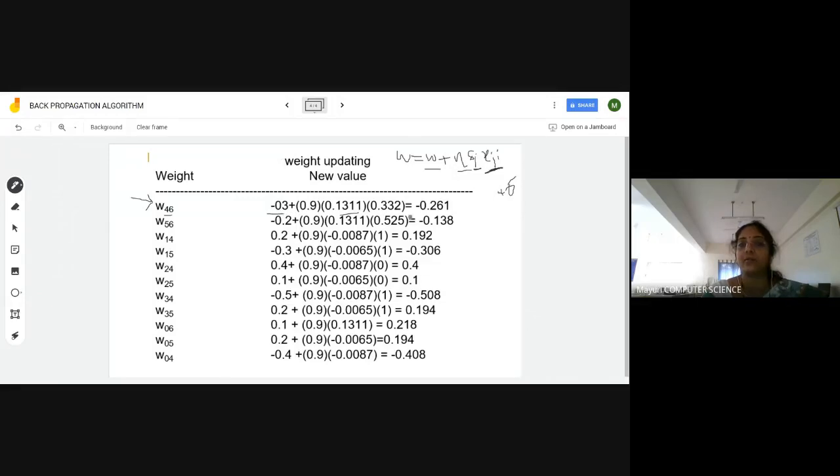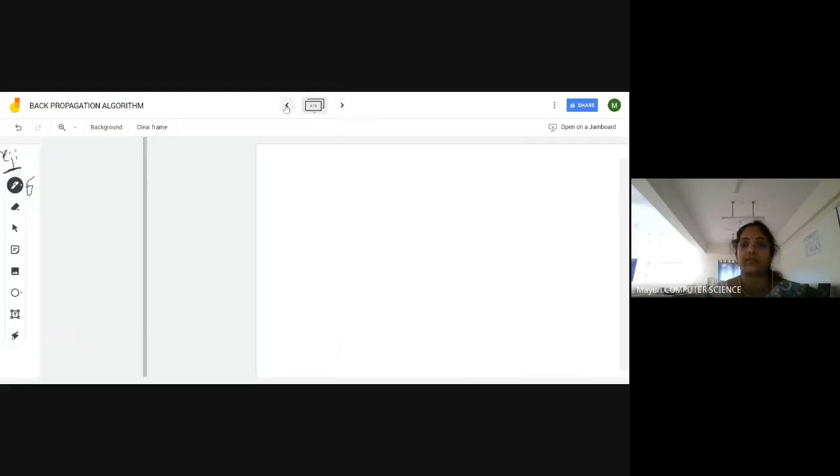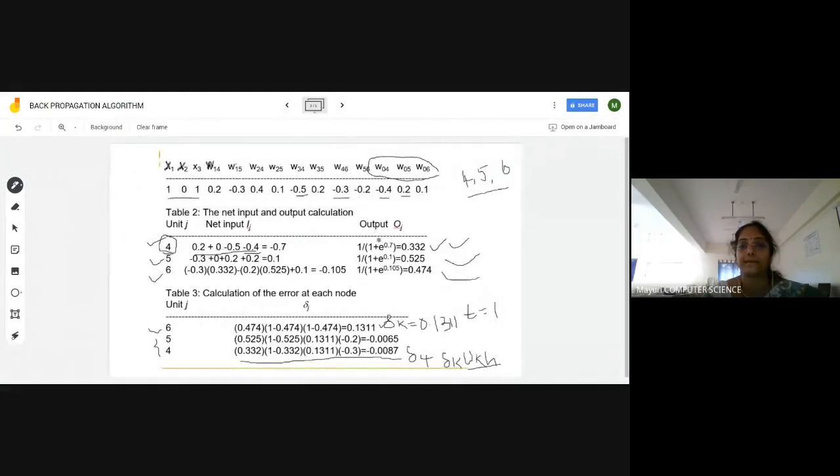Now the weight has increased, sorry, to minus 0.2. Since it's negative, minus 0.3 becomes minus 0.2. Overall, the weight is getting increased to attain the value of 1 or minus 1, because we got the output very low. The output we calculated here is 0.474.